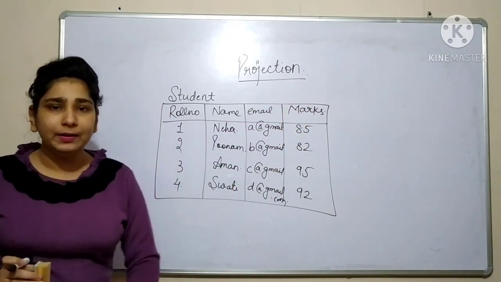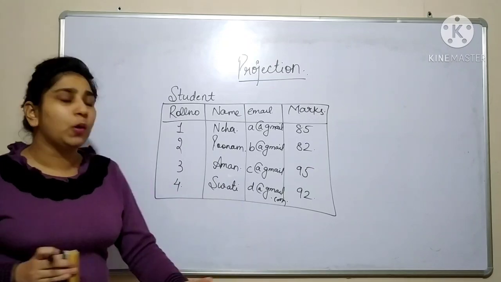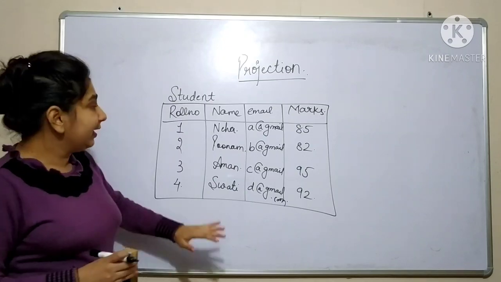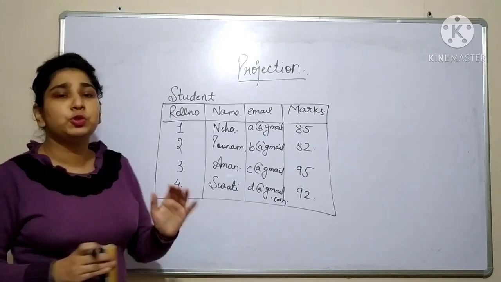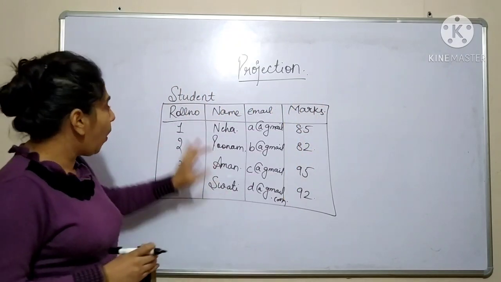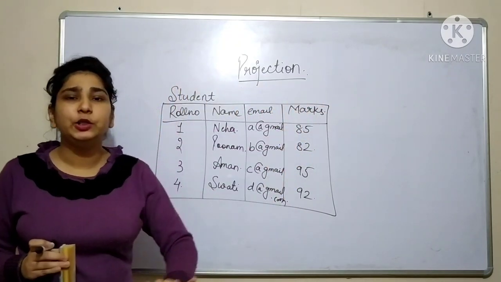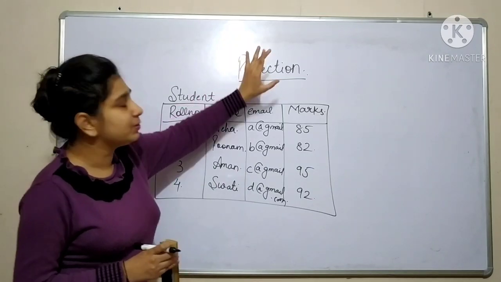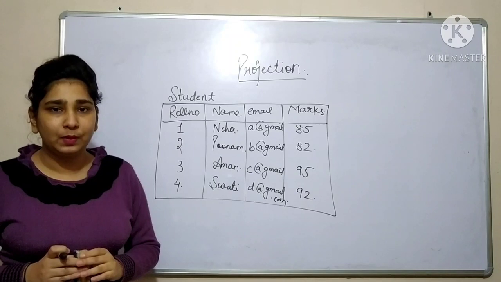I just want the name and their corresponding email ID. If there is a situation when you don't need all of the attributes in your output, then we use the projection.